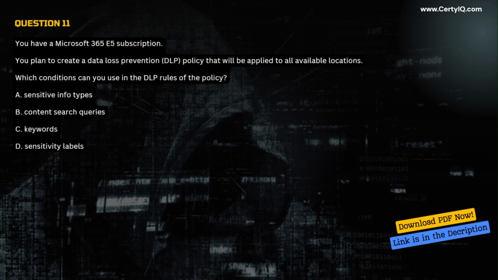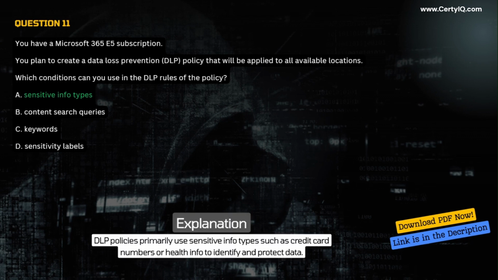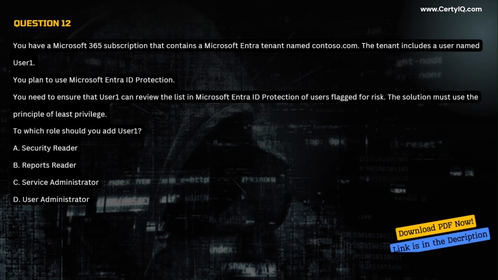C. Keywords. D. Sensitivity labels. Correct answer: A. Sensitive info types. Explanation: DLP policies primarily use sensitive info types such as credit card numbers or health info to identify and protect data.